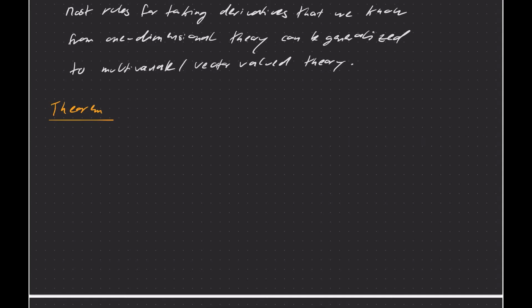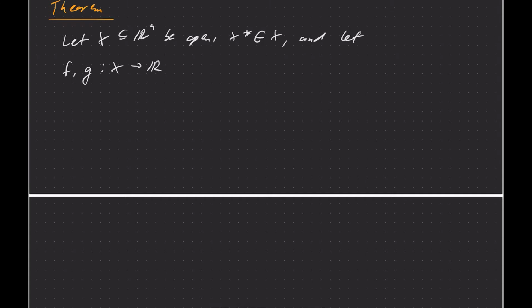So here's how this works in higher dimensions. As usual, let X be a subset of R^n and open. Let X star be in X. And let F and G be two functions from X to R, and let those be differentiable at X star.